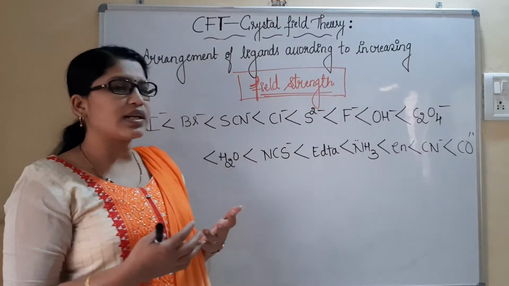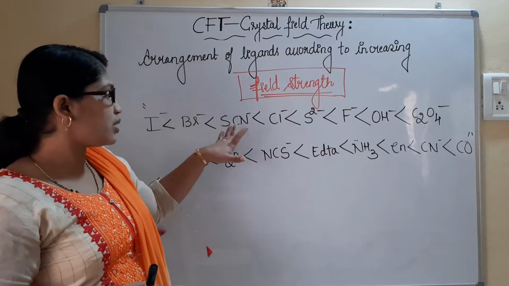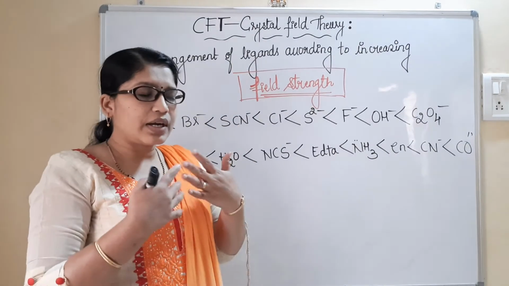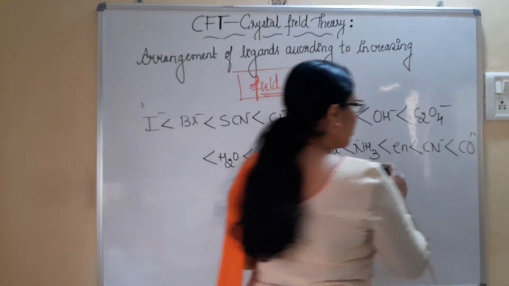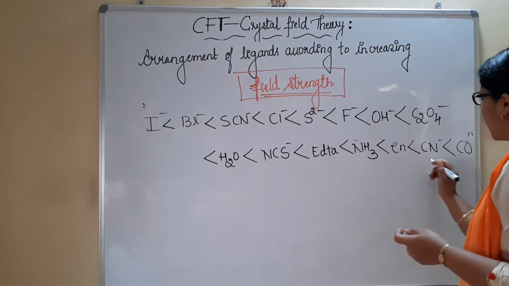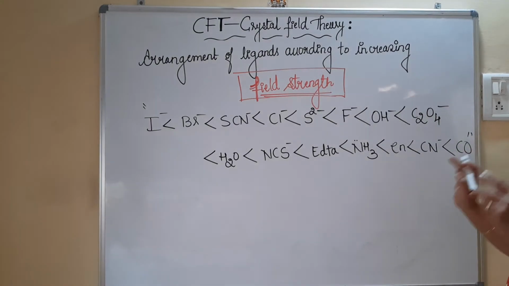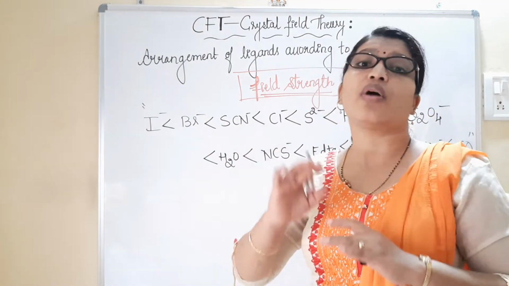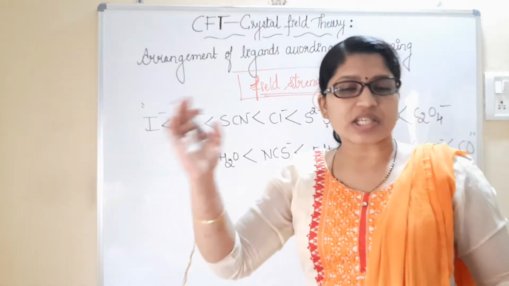They can also be considered as weak field itself, but with respect to these halogens and thiocyano groups, these are showing a field strength more. That is it. And at the end what we have seen here, that is carbonyl and cyanide are said to be the most prominent or dominant field strength ligands. They give us the highest splitting.